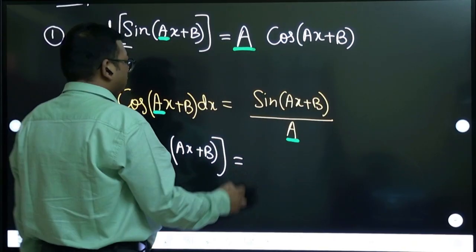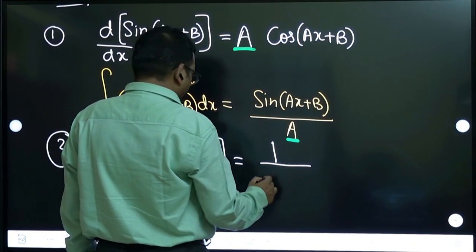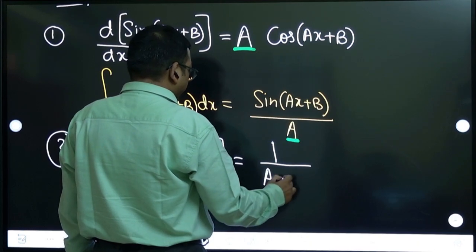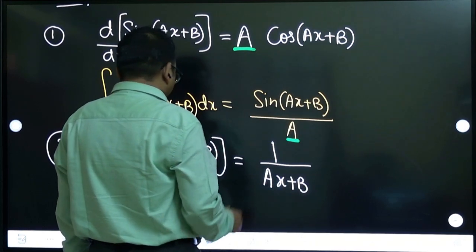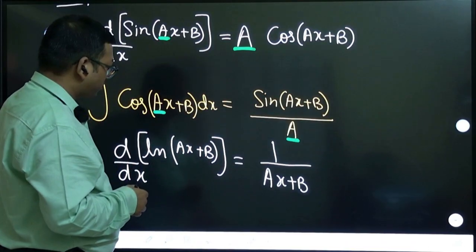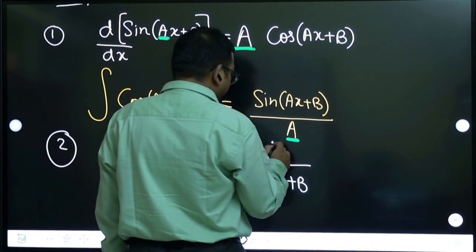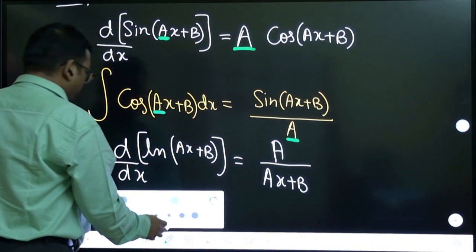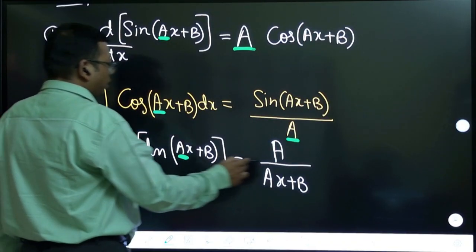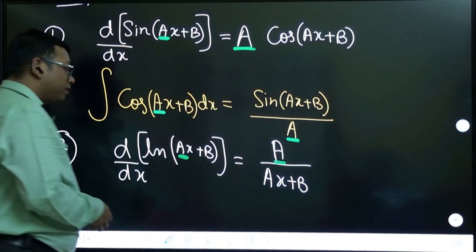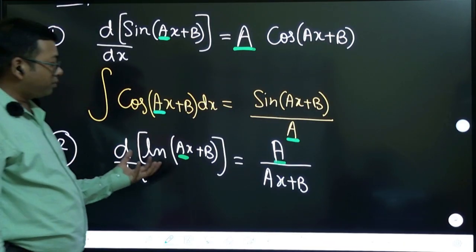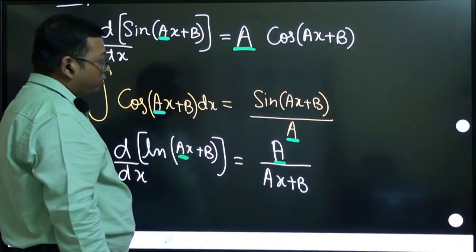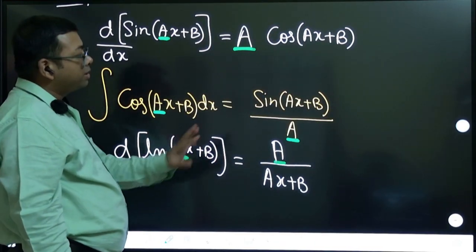Then this differentiation will be 1 by (ax + b). Again, the coefficient of x, which is a, will get multiplied here, so a will come in the numerator. So in differentiation, the coefficient of x will come in the numerator, but in integration, it will get divided.